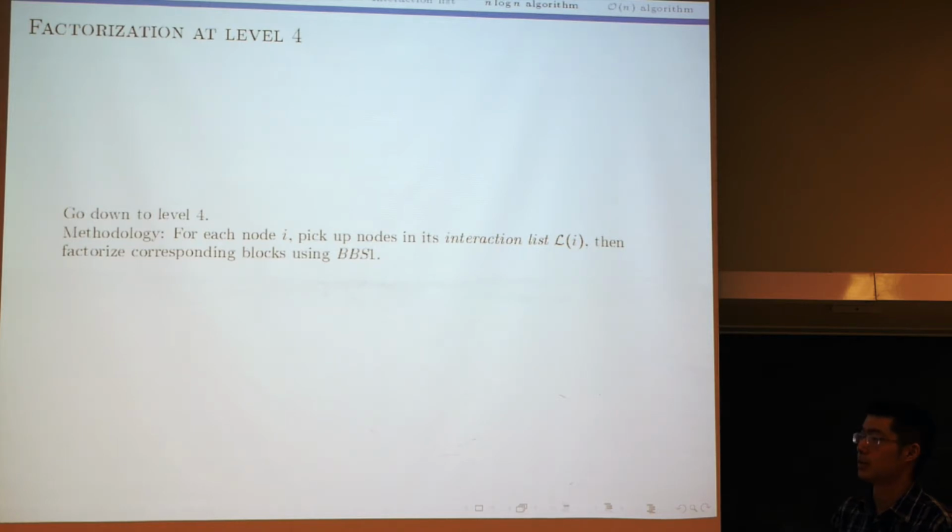As I mentioned before, this kind of interaction can be found using the interaction list. For each node I in this level, we pick up nodes in the interaction list Li, and then we factorize the corresponding blocks using BBS1.